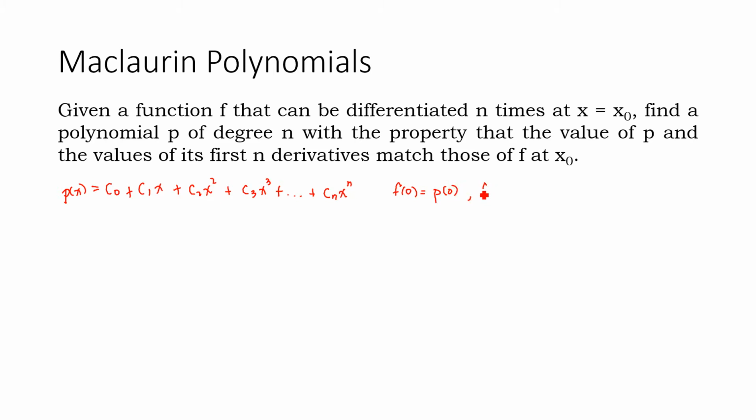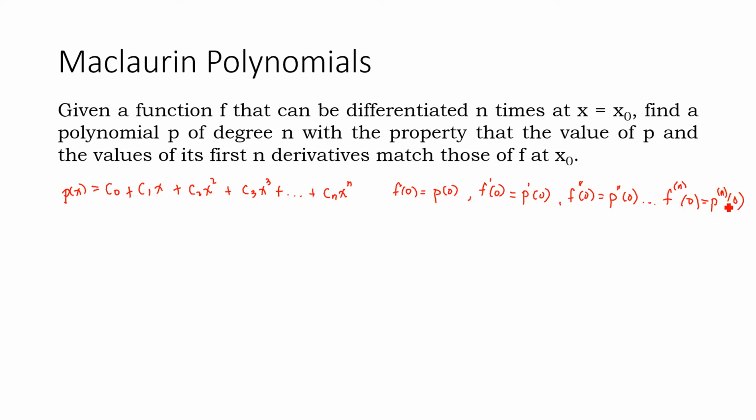Then the first derivative of f of 0 would be equal to the first derivative of p of 0, and the second derivative of f of 0 would be equal to the second derivative of p of 0, and so on up to the nth derivative of f of 0 being equal to the nth derivative of p of 0.